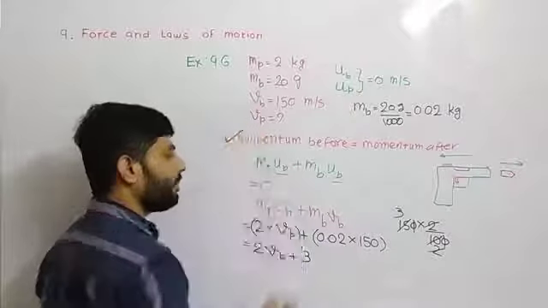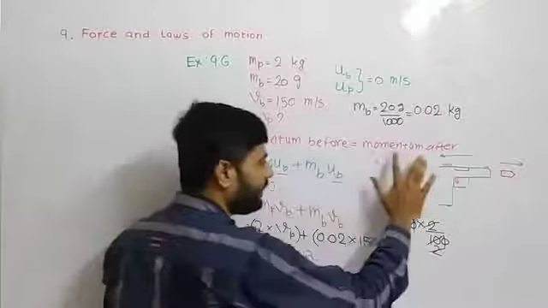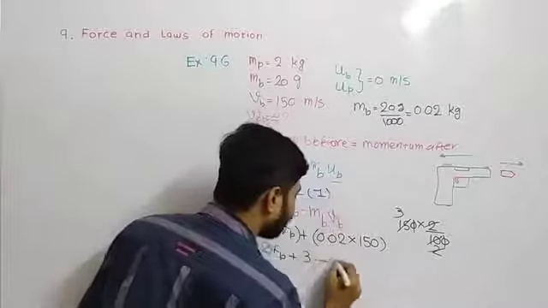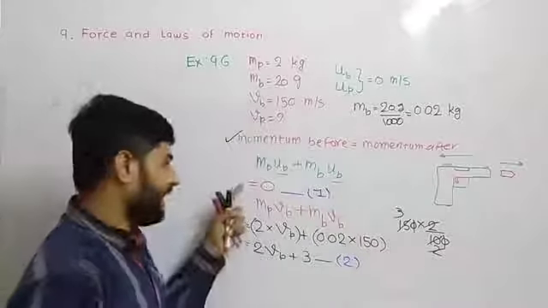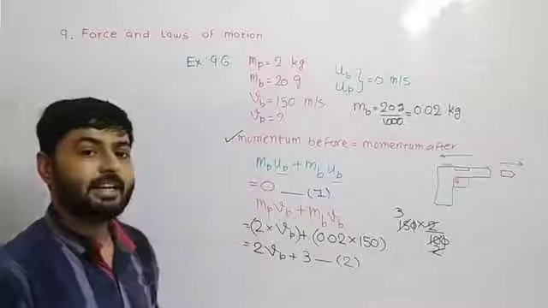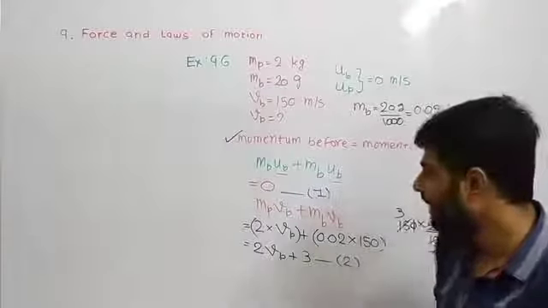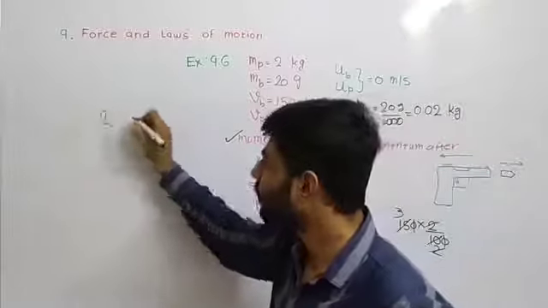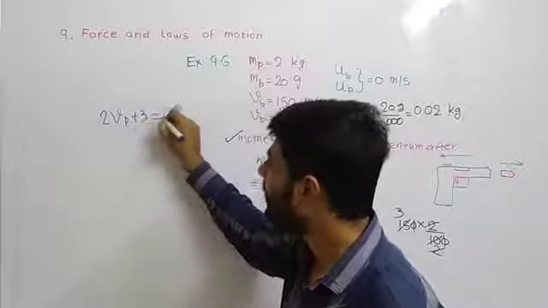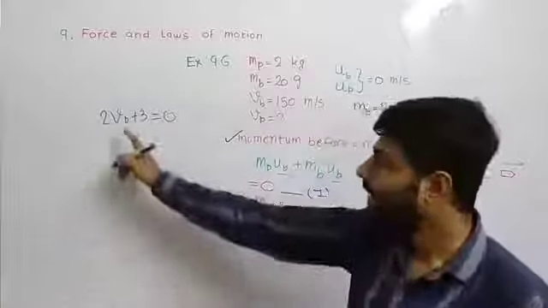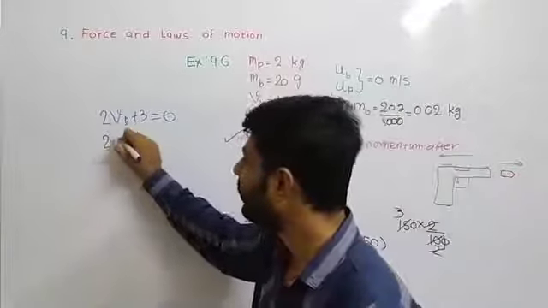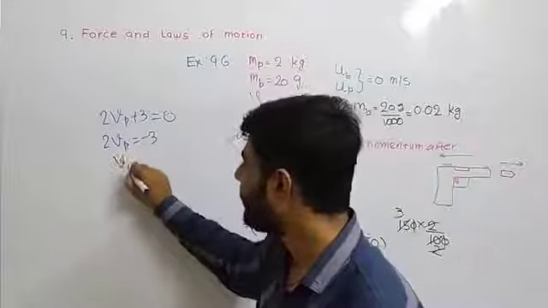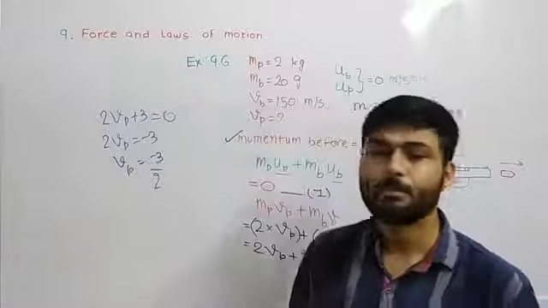By conservation of momentum, momentum before is equal to momentum after. So I can equate equation 1 and equation number 2. What is equation number 2? That is 2 VP plus 3 is equal to 0. I have to find VP. So I can write 2 VP is equal to minus 3. So I have VP is equal to minus 3 by 2.